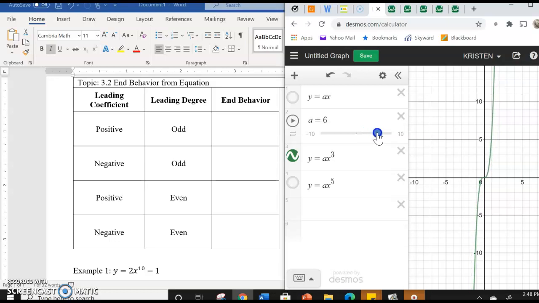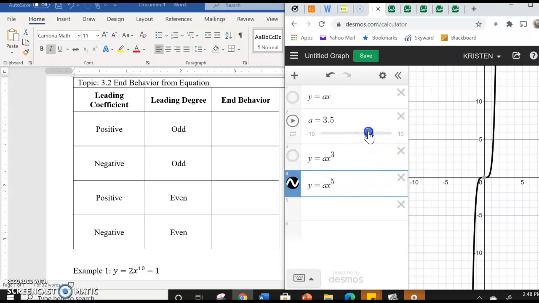These are all positive a values, and it's still true. My left arrow is pointing down, my right arrow is still pointing up. Let's say we have an odd leading degree of 5. It still looks like a similar graph.